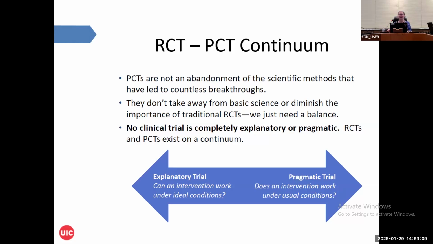They exist on a continuum, and the way you decide is, do we need to answer the question, can an intervention work under ideal conditions, i.e., do we need to know more about, does this intervention work? Or do we need to know more about, does this intervention work under usual conditions? And that's kind of how we decide between internal and external validity as well.